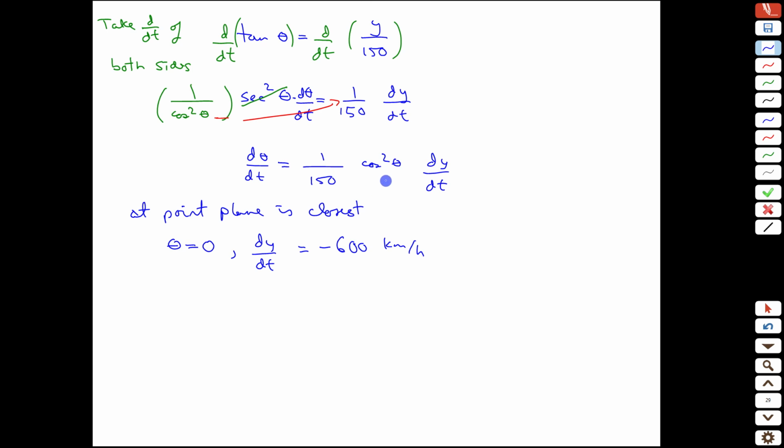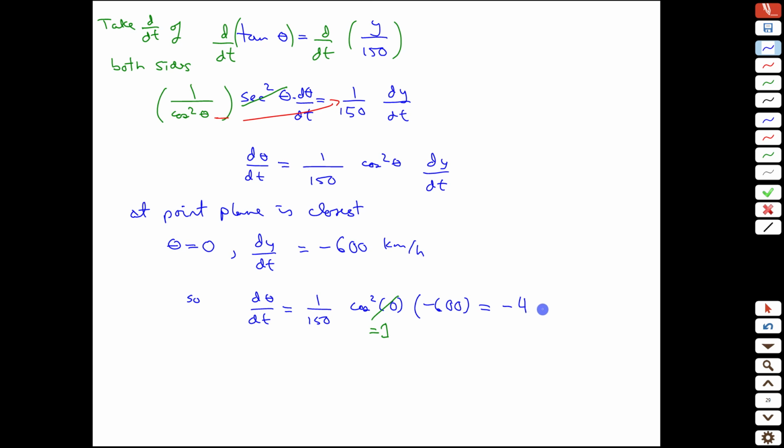And that fills in all the gaps here. So at that instant d theta dt is going to equal 1 over 150 cos squared of 0 and minus 600. Cos squared of 0, much better known as 1, and everything else here is minus 4.